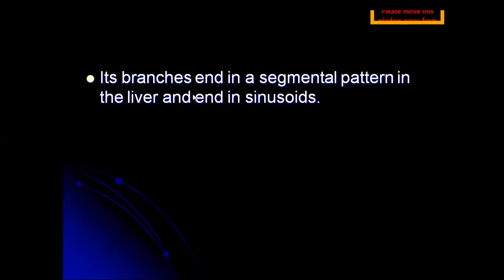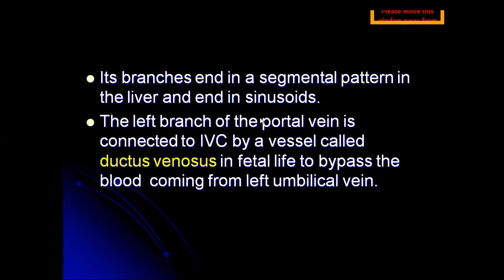Its branches end in a segmental pattern in the liver and end in sinusoids, which I have shown in my previous slide. The left branch is connected to the inferior vena cava by a vessel called the ductus venosus in fetal life to bypass the blood coming from the left umbilical vein, because the lungs are not yet functional and the fetus is receiving ready-made oxygenated blood from the placenta.